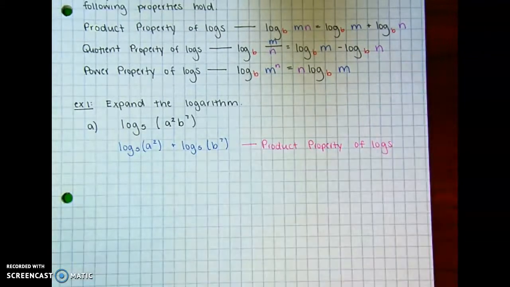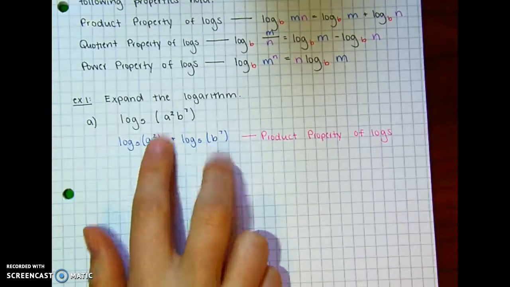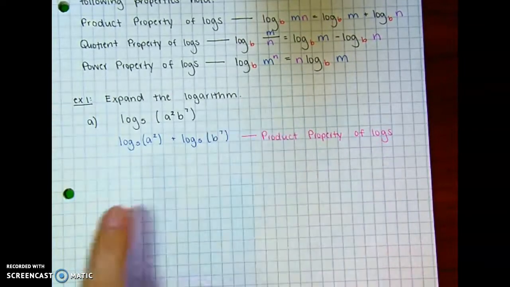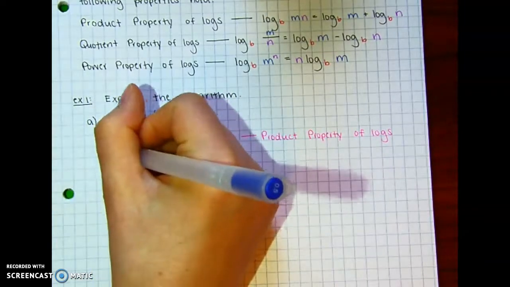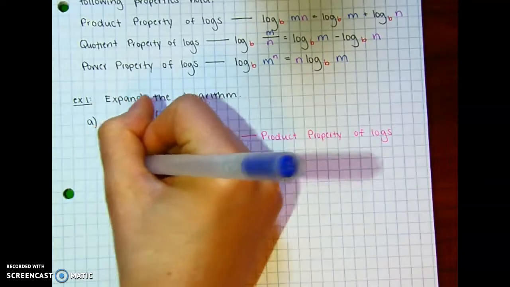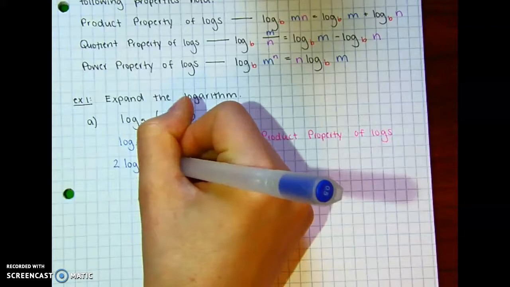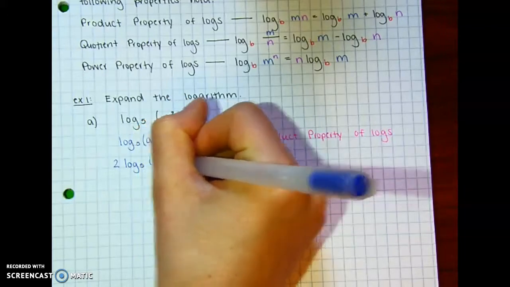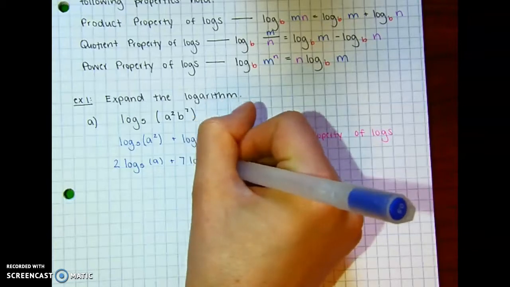Okay, so now we still have exponents, and we have a property that says that we can rewrite this, right? The power property of logs. So I'm going to rewrite this to be 2 times log base 5 of a plus 7 log base 5 of b.